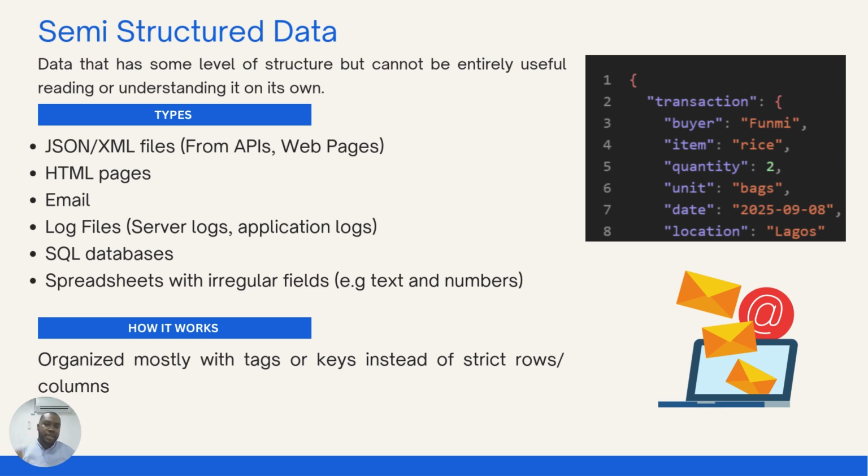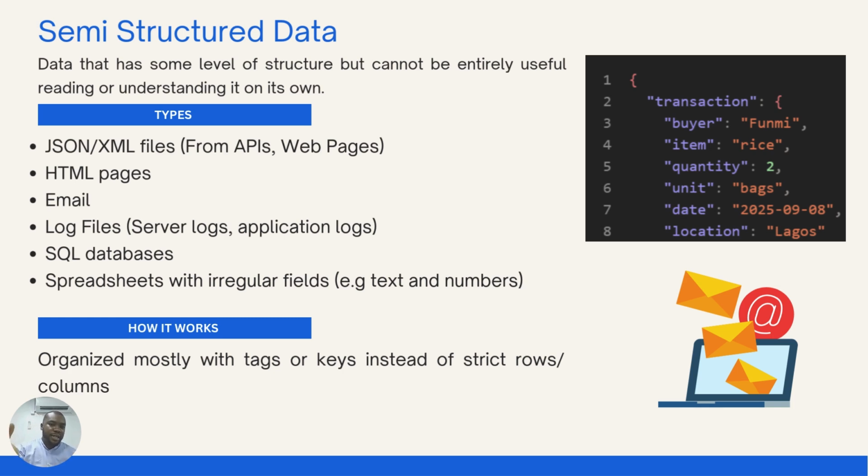You can see transaction, open brackets, buyer, Fumi, item, rice, quantity, two units, bags, date. As it is, let's be honest, if you saw this somewhere else, you might have an idea, but it's not very clear. Unlike when you see it in structured data, it becomes very clear to you.